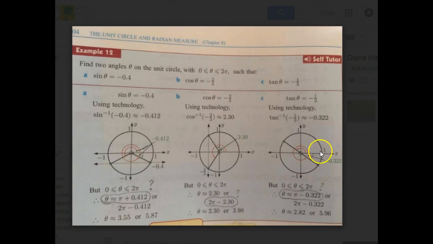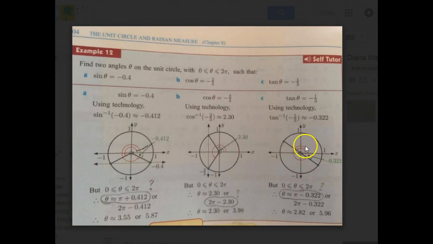Then you reflect about the x-axis, it ends up here. So you're actually doing two reflections, about the y-axis, then about the x-axis. You could also do it in the opposite order: reflect about the x-axis and then the y-axis. Either way, you're going to end up with an angle in the completely opposite direction, 180 degrees different.